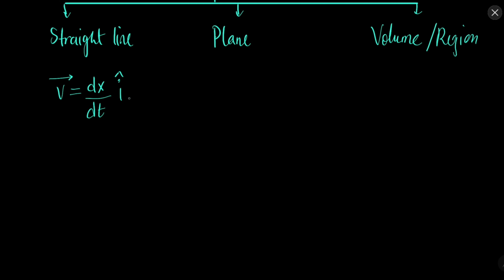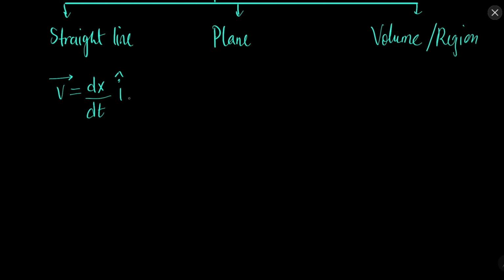So the best thing about studying motion is that the x and y components are independent of each other. So we do not need to worry much. Whatever we did in one dimension or in a straight line, we can do in planar motion just by keeping more x's, y's and z's, okay. So it is quite simple. So remember, this one is the x component of velocity and this one is the y component of velocity.